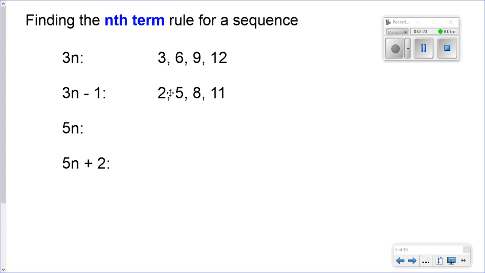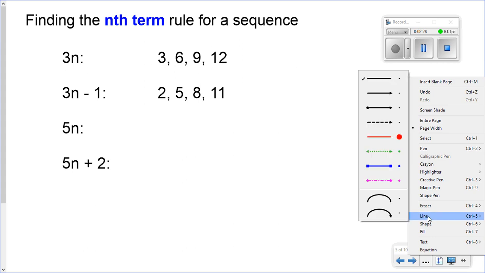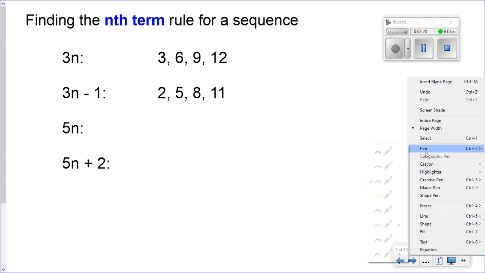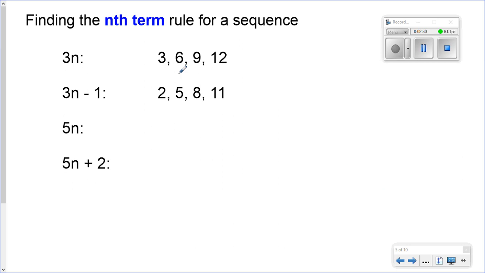Now, what do you notice about these two sequences? Well, hopefully, one thing you might have spotted is that firstly, the sequence above goes up in threes. 3, 6, 9, 12.